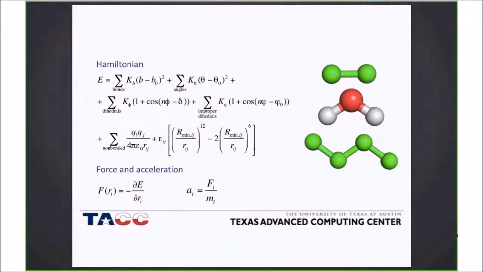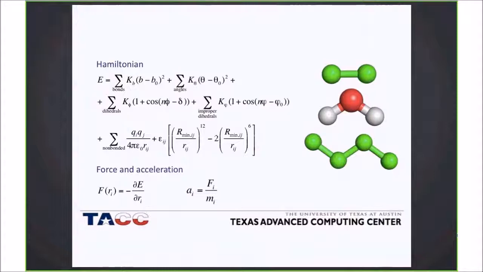To study systems, simulations based on empirical force fields are widely used. A force field is a set of equations to describe atom-atom interactions and associated empirical parameters. The Hamiltonian shown here is widely used by many programs.